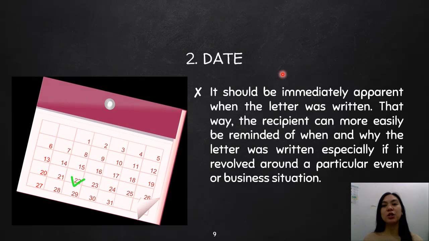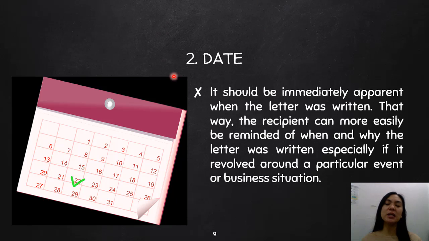The date. It should be immediately apparent when the letter was written. That way, the recipient can more easily be reminded of when and why the letter was written, especially if it revolved around a particular event or business situation.